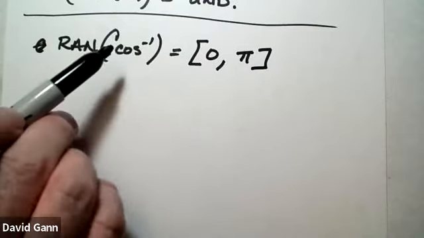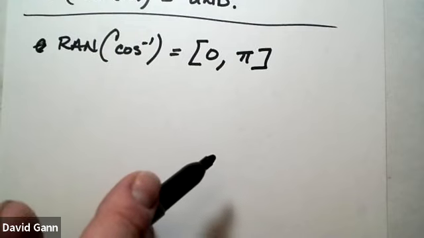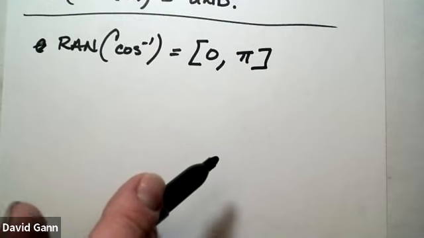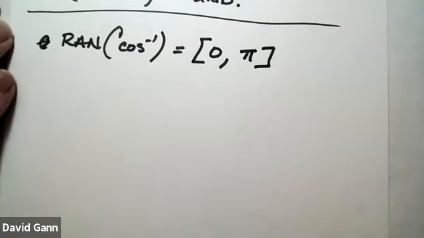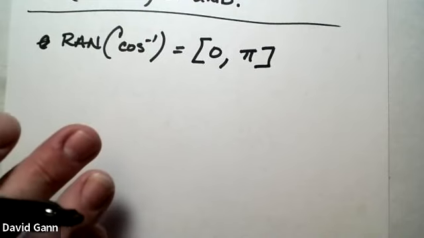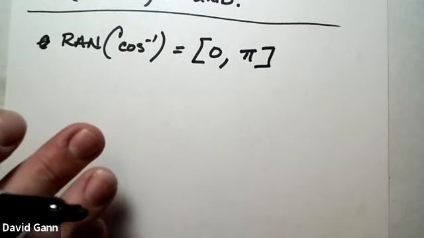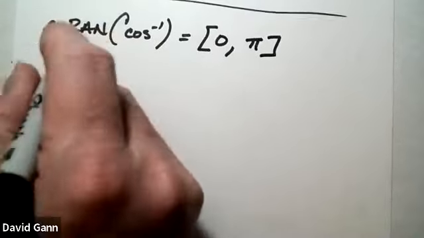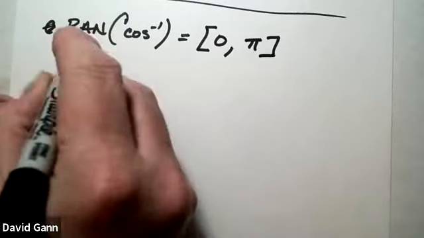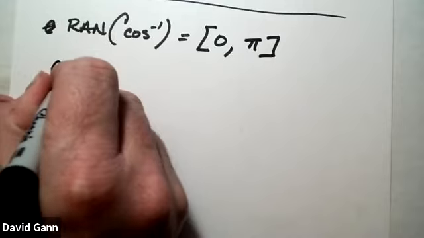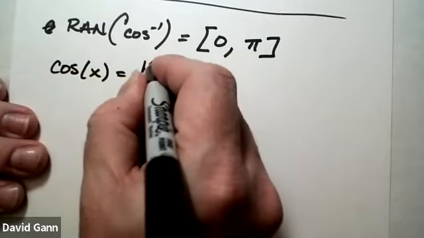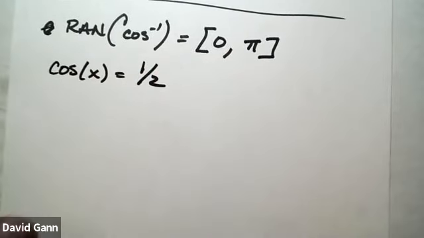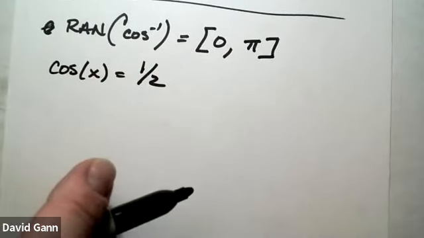Now recall, cosine is going to be negative in quadrant 2. So how do we establish the principal and the alternate roots for cosine? For example, if we had the equation cosine of x equal to 1/2.